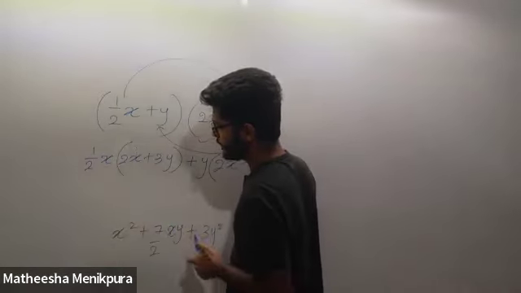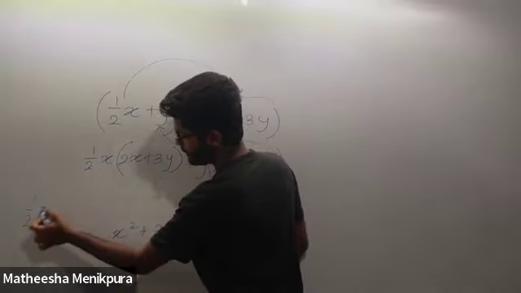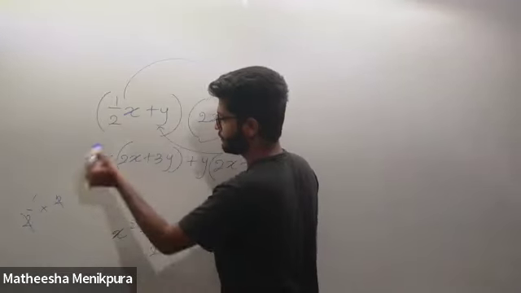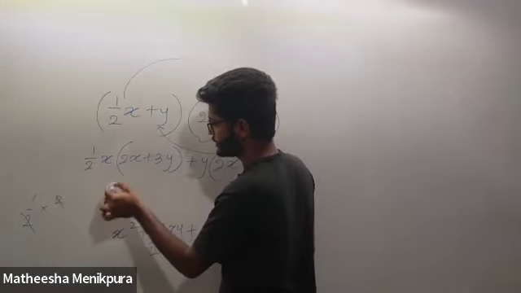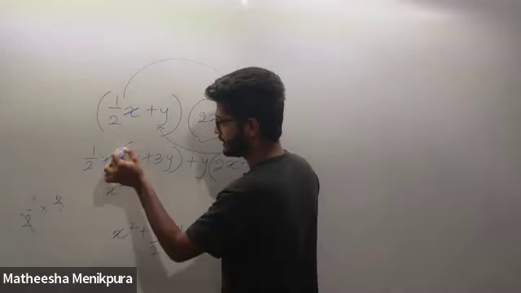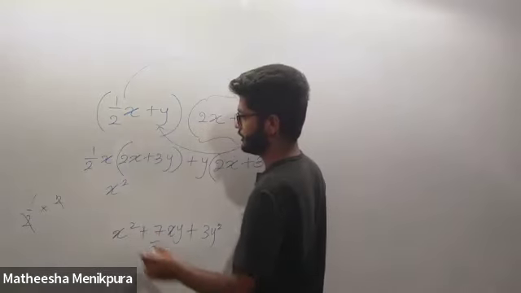So half x multiplied by 2x. When multiplying, this 2 and this 2 will get cancelled. X into x, that is x squared.